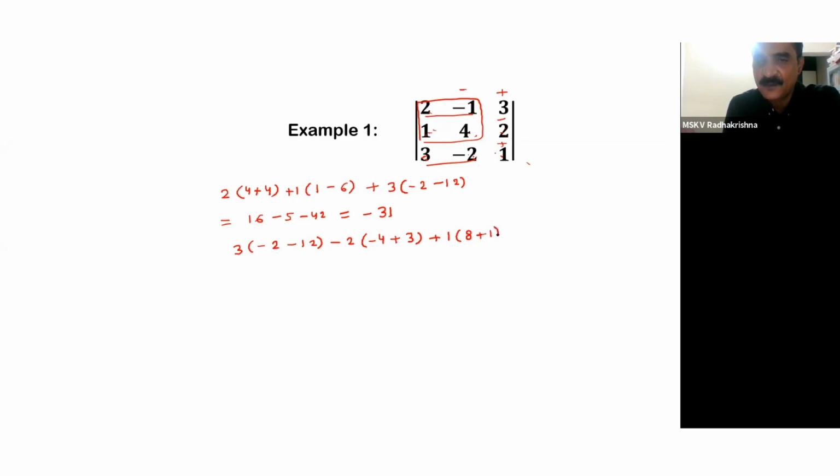Let us see how much you will get. This is 3 into minus 14, minus 42. And this is minus 2 times minus 4 plus 3, minus 1, minus 1 into 2 is plus 2. And the last number, 8 plus 1, 9. 9 into 1, 9.